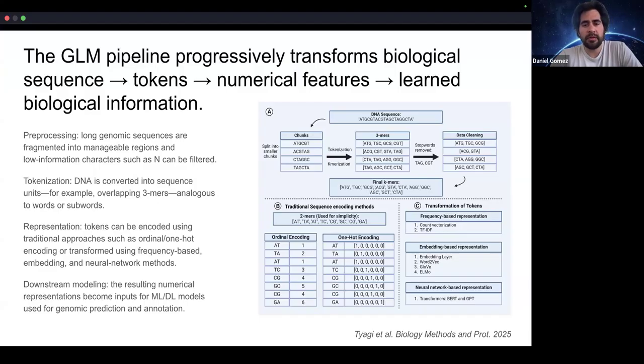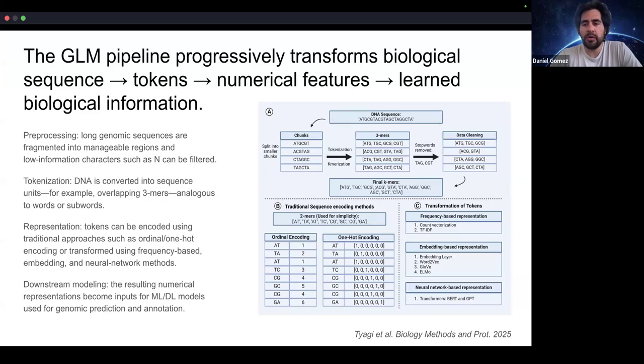With ordinal encoding, you can see the encoding becomes a numerical representation for each two-mer, and with one-hot encoding, ATTA, ATTC, CG, GC, CG, and GA, one-hot encoding becomes an array of numbers.